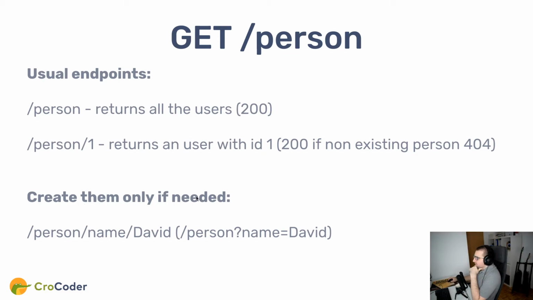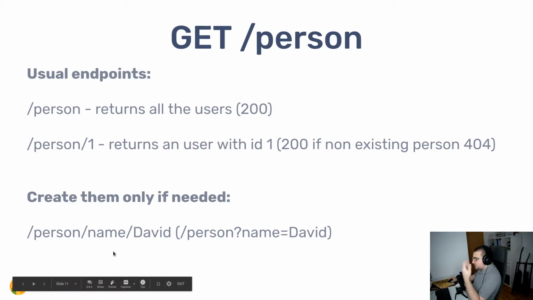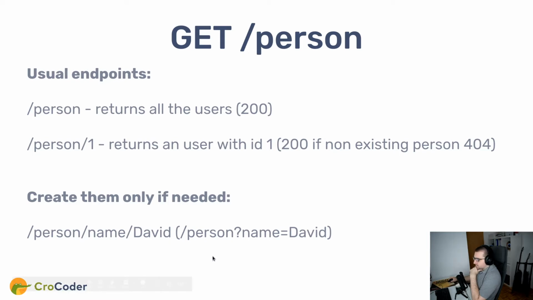And create them only if needed. The problem with these endpoints is that you can have as many endpoints as you have properties, because you can see here person/name/David should return all users with the name David. Or you can create it like this, /person and then a query string name equals David. You shouldn't create them if they are not useful in the front end.